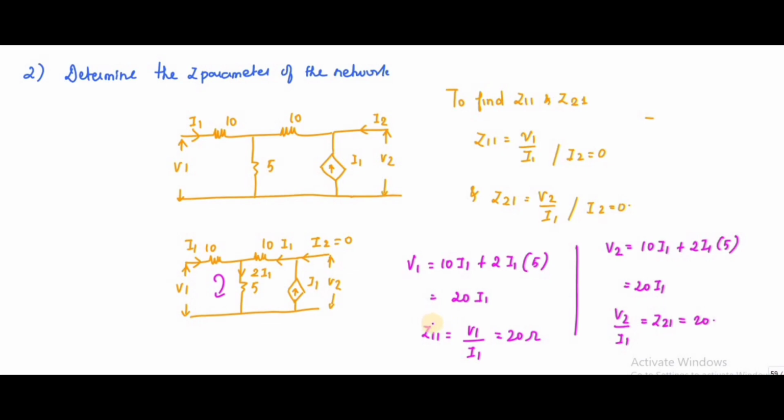Next we need to find the parameter values of Z12 and Z22 for I1 is equal to 0.